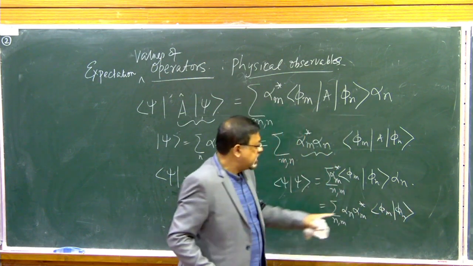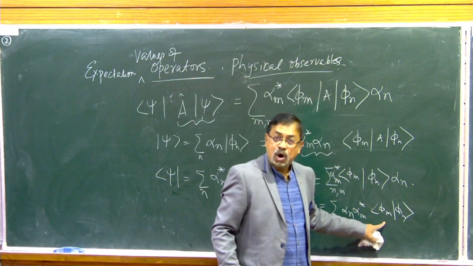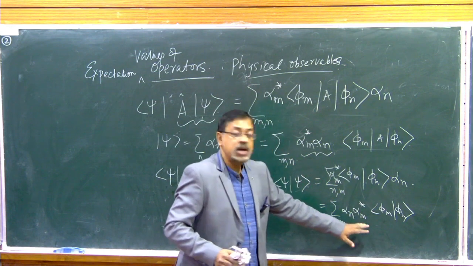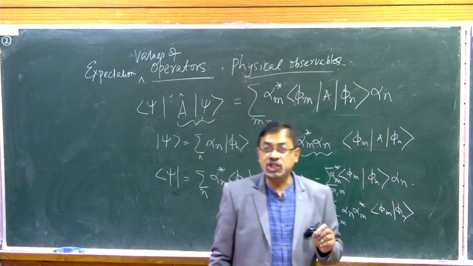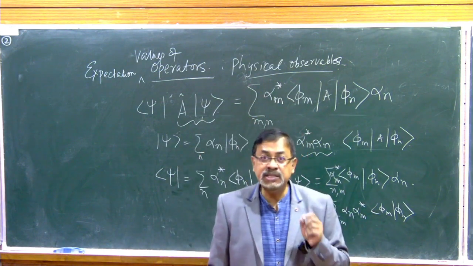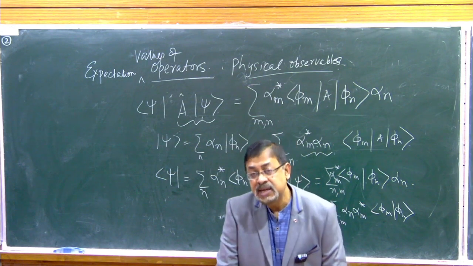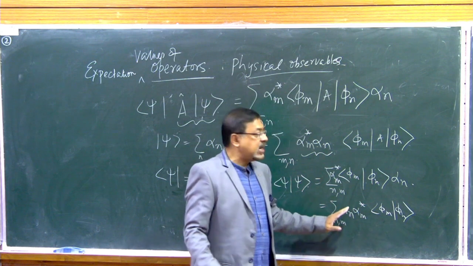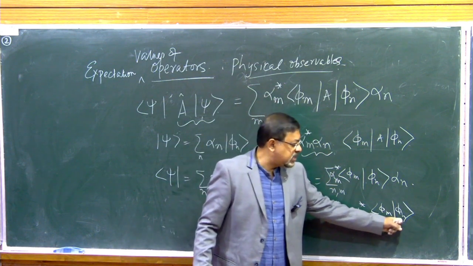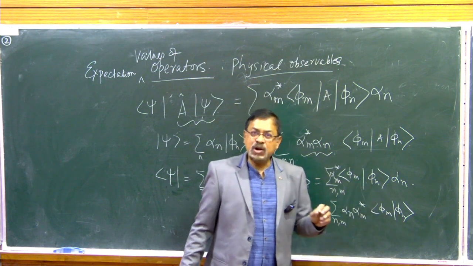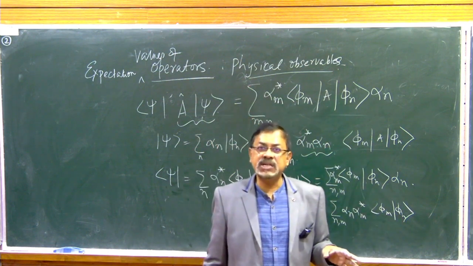Now this inner product of phi n and phi m that you see here will have to vanish. Vanish means it's equal to 0 unless n is equal to m. And why is that? Remember that dead and alive, so these are the two deads and this one is alive. A cat cannot be at the same time dead and alive.